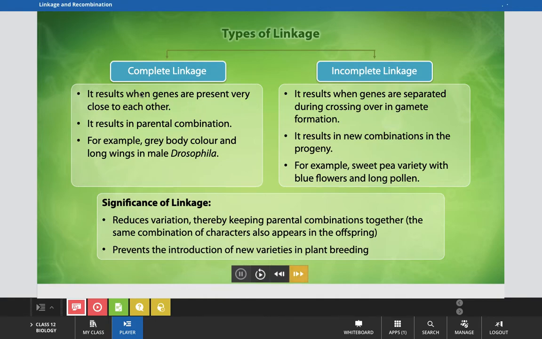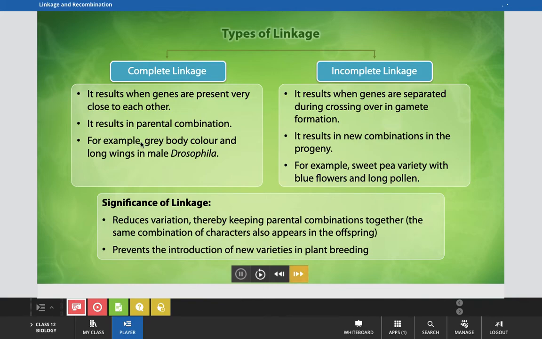Complete linkage results when genes are present very close to each other, while incomplete linkage takes place when genes are separated during crossing over in gamete formation. Complete linkage results in parental combinations, and incomplete linkage results in new combinations in the progeny.